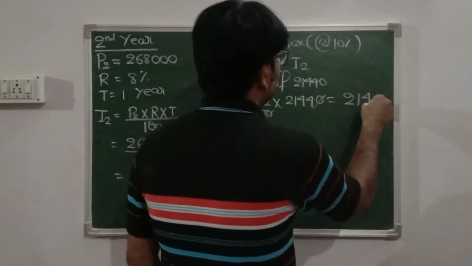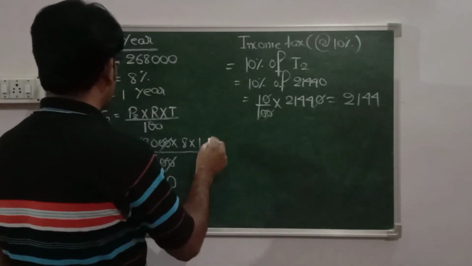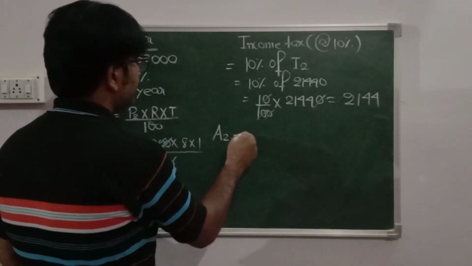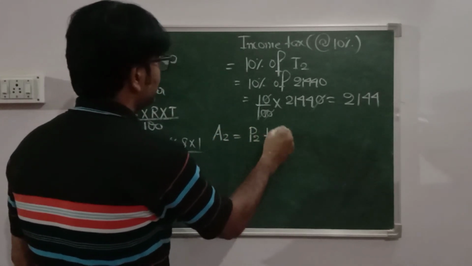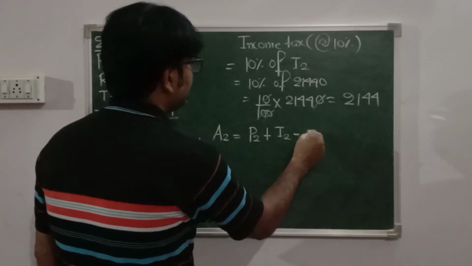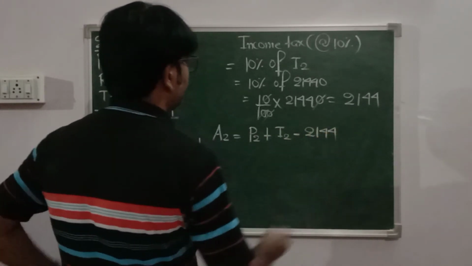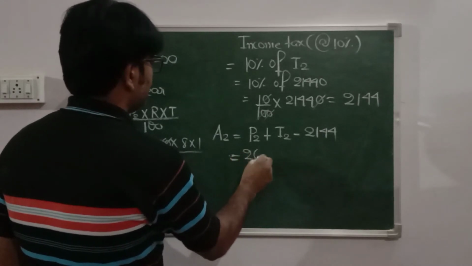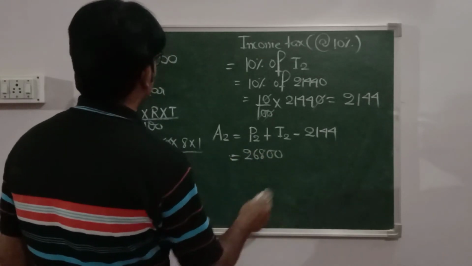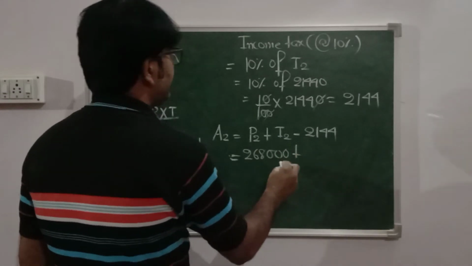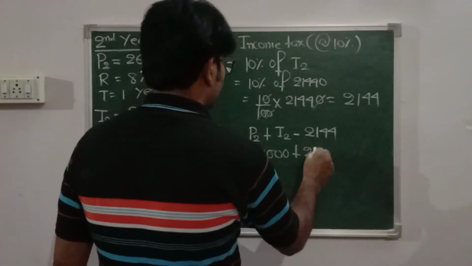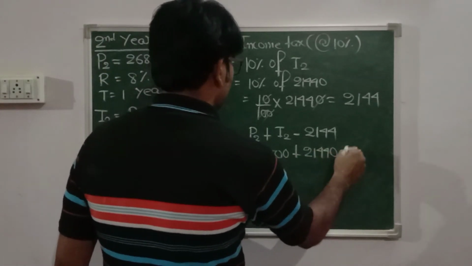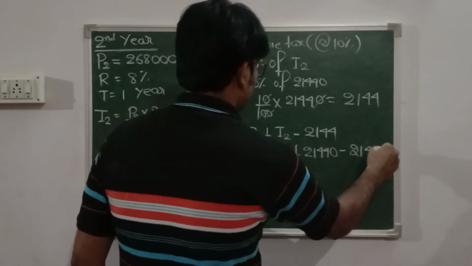This is 2144. So what is the final amount? That is A2, that is P2 plus I2 minus 2144. So P2 is 268000 plus I2 comes to 21440 minus the tax 2144.